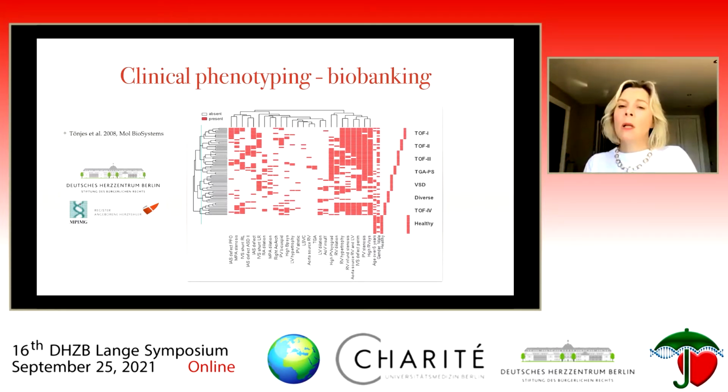But when we correlate this difference, the tetralogy of Fallot subcases to the clinical genetic features we see, then we might go further to have eventually tools to have not prevention, but tools to have diagnosis very early to discriminate patients who might go into severe cardiomyopathy cases later on or not.